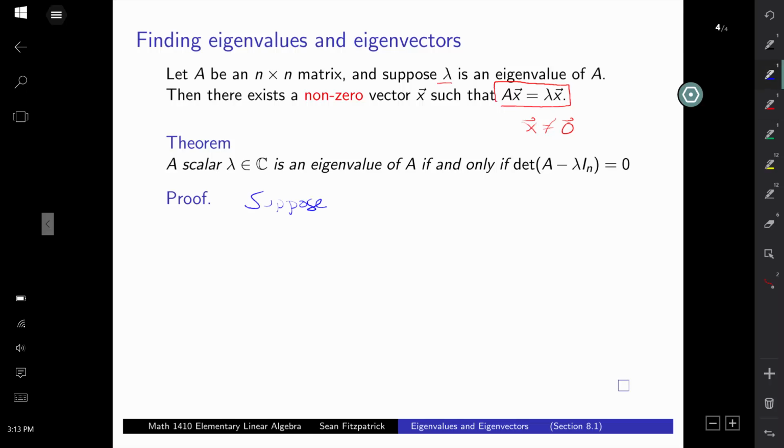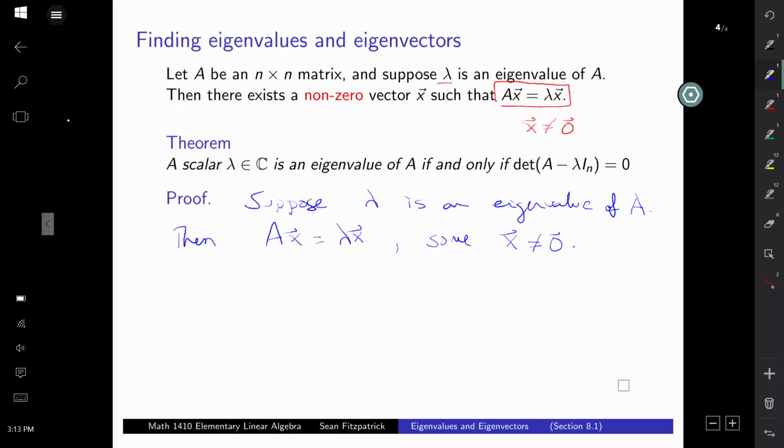Suppose lambda is an eigenvalue. Then Ax equals lambda x for some vector x, which is not the zero vector.